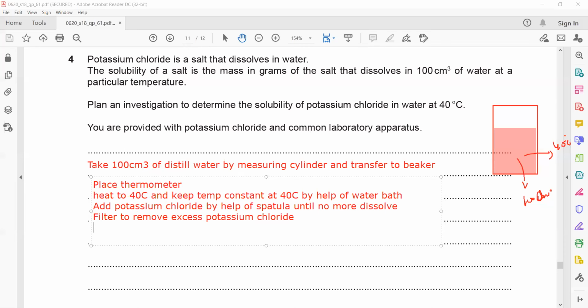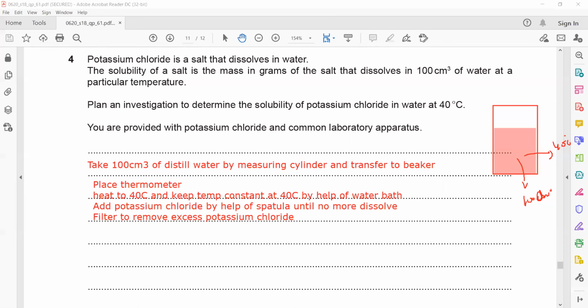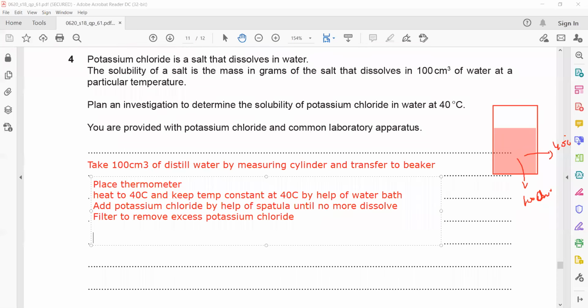And then after filtering to remove the excess potassium chloride, because we want to find how much salt is dissolved now, we will heat the salt solution to dryness.